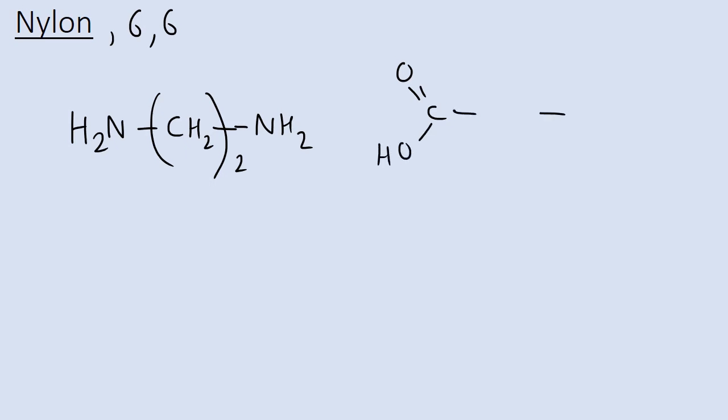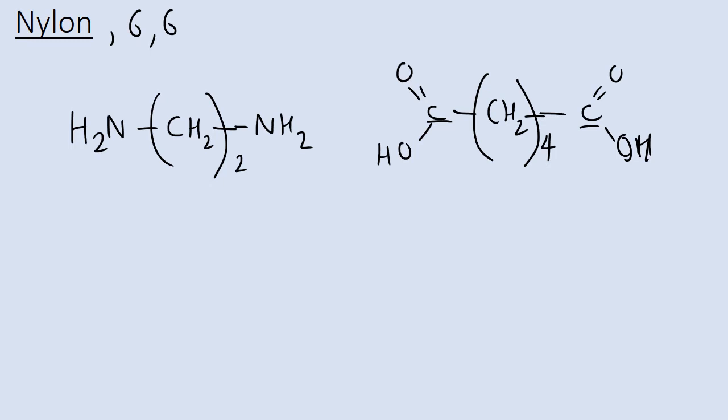So we're going to have 6 carbon long, this chain. Be careful, this would be CH2 4. There's only 4 CH2s there because we've got a carbon here and a carbon here. So it's nylon 6,6. It's a polyamide, and the dicarboxylic acid and the diamine both contain 6 carbons. So what does this chain look like then?